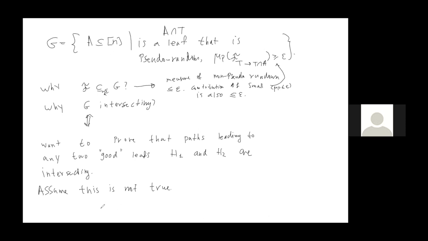So if the paths are not intersecting, but the family F is intersecting, then this means that whenever you take an element from H1, which you recall already discards some variables, it only involves non-junta variables, and you take an element from H2, then they intersect.